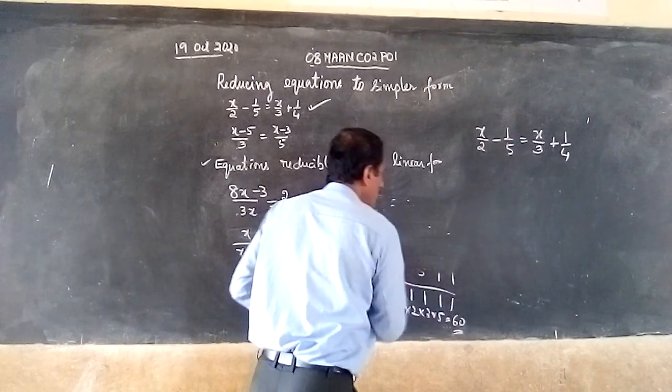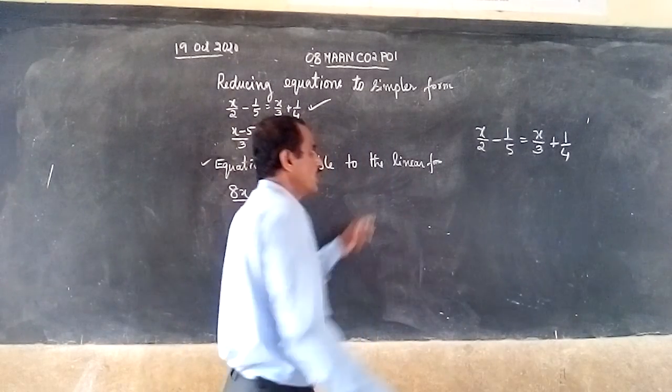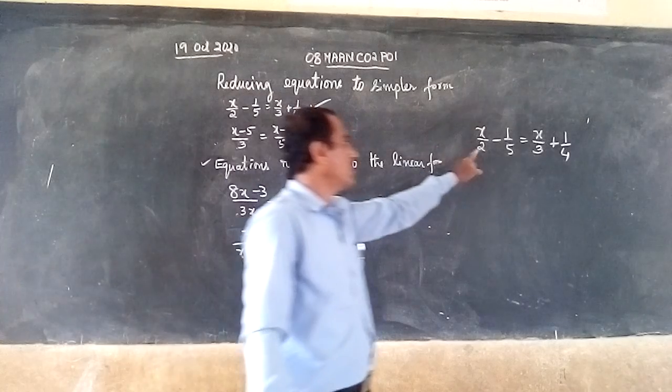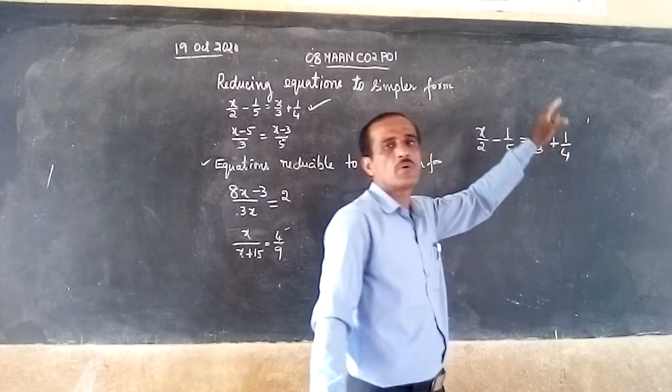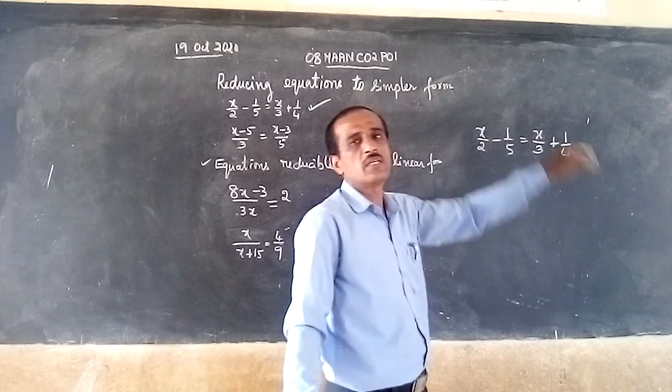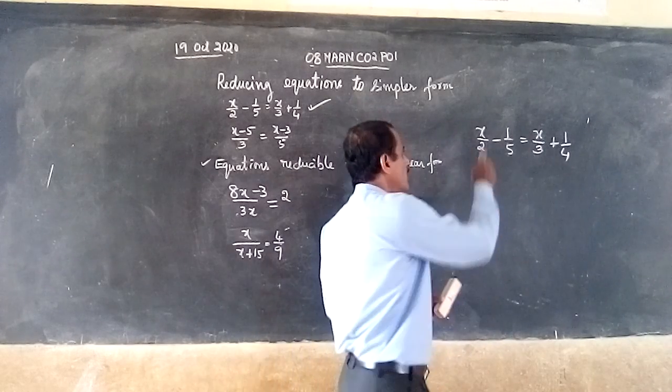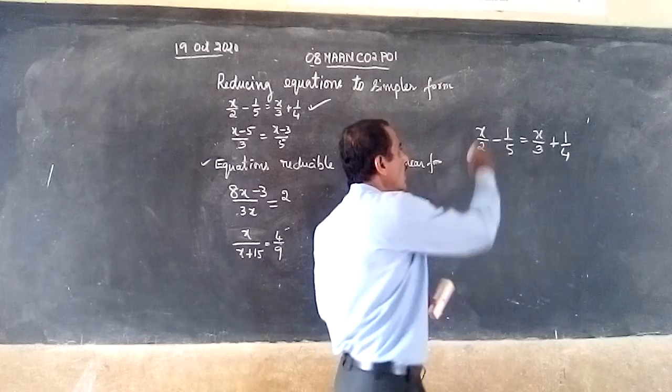So the LCM of 2, 5, 3 and 4 is 60. Next, multiply by the LCM to all the terms.